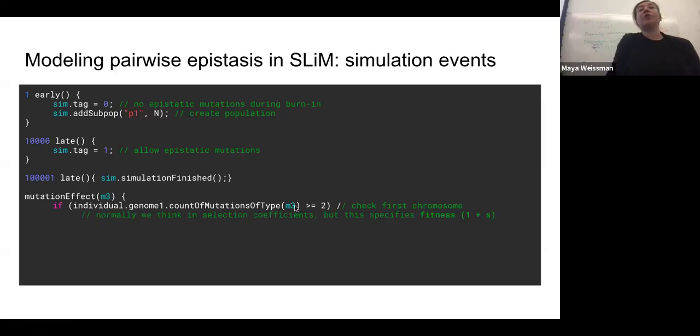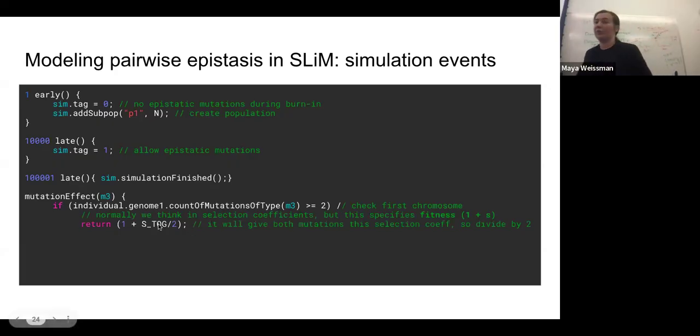I can specify a new fitness. So I'm saying if I get 2 mutations on genome 1 or on chromosome 1, we're going to return a new fitness value that is equal to 1 plus S together over 2. Here's where SLiM is a little bit stupid. This return is in a fitness value, and it's going to give everything this fitness value and then add the selection coefficients later.